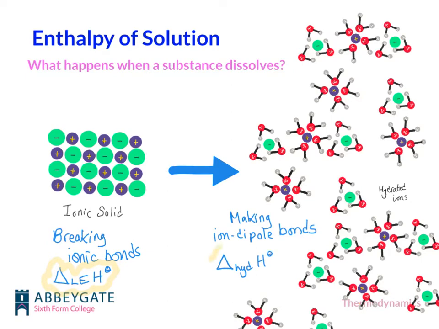Positively charged ions would have one enthalpy of hydration, negatively charged ions would have a different enthalpy of hydration, and it depends on the size of the ion and whether it's 2 plus, 3 plus. Overall, the whole process going from the ionic solid to the hydrated ions is known as the enthalpy of solution, and this is given the symbol delta H with sol written in small letters.